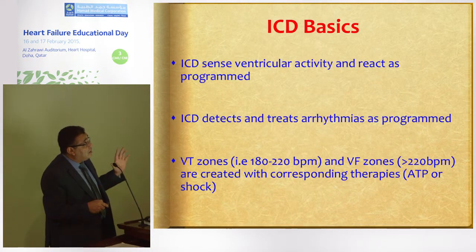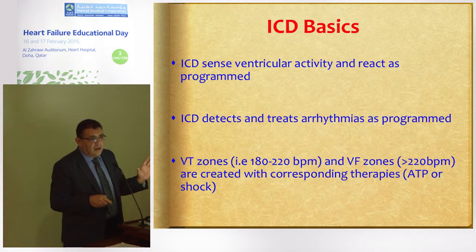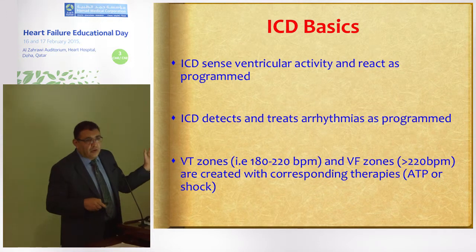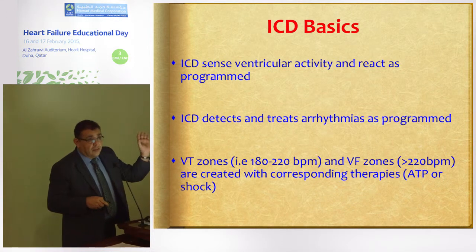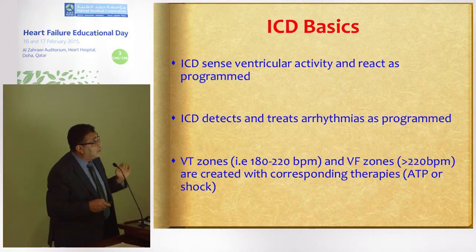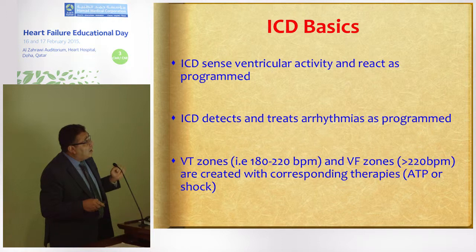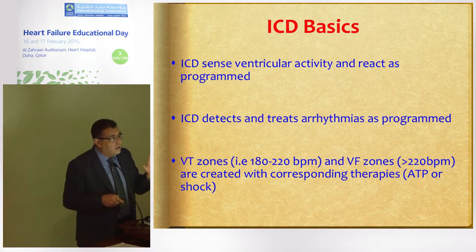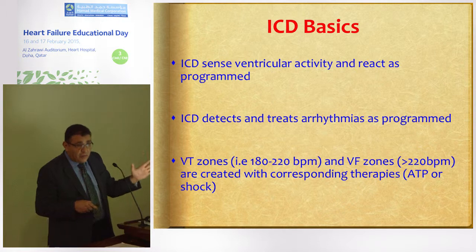Basically, what the ICD does is sense ventricular activity and react as programmed. If the patient is going really bradycardic, for example below 50, the device will identify this and start pacing at that rate.